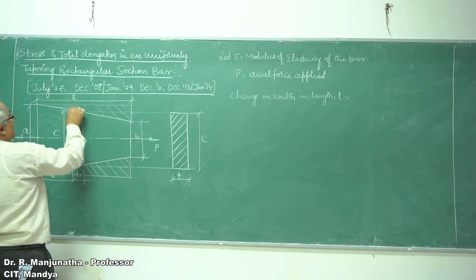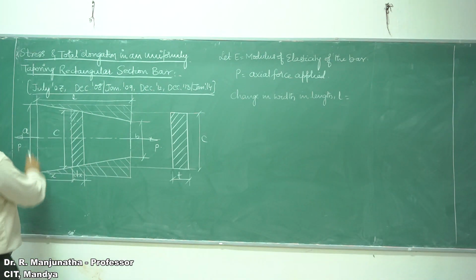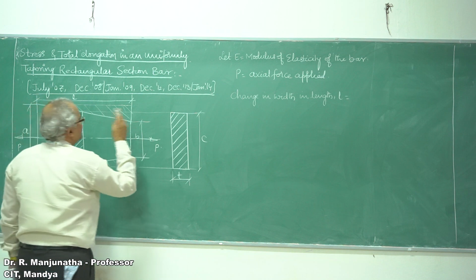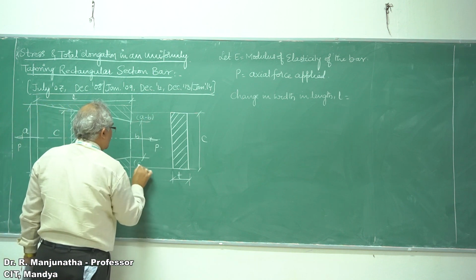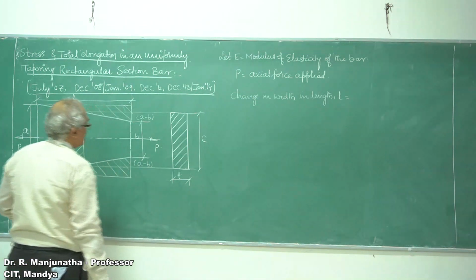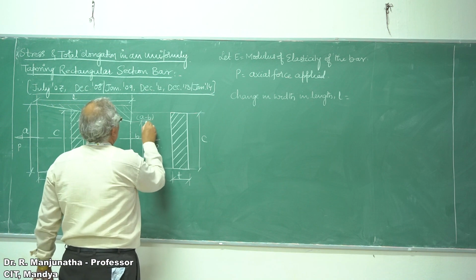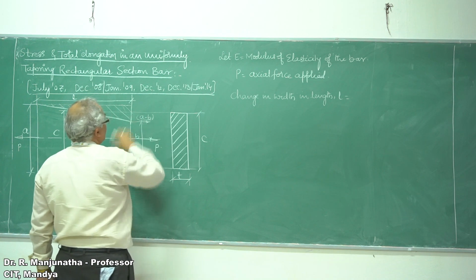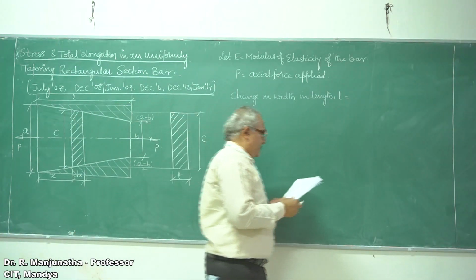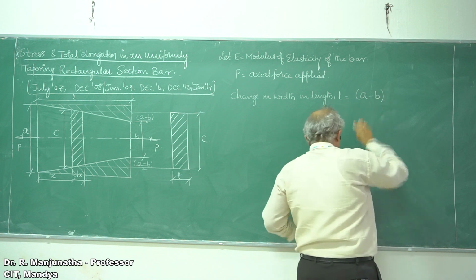The change in width over the length L will be A minus B: each side contributes A minus B divided by 2, so the total of the two becomes A minus B.